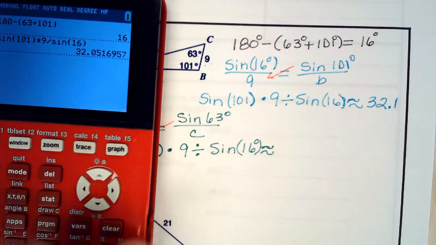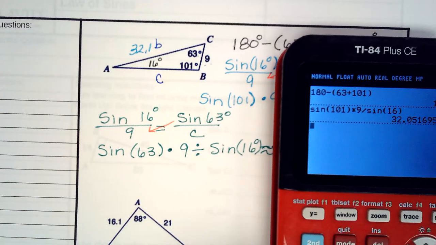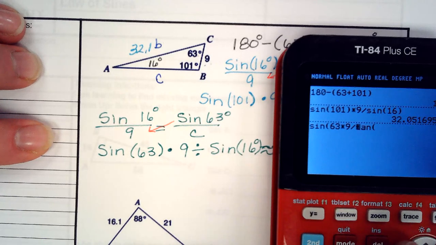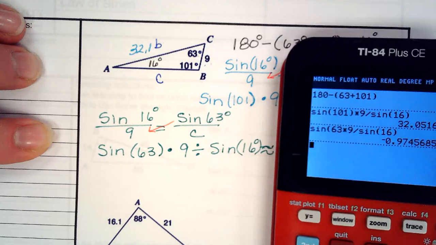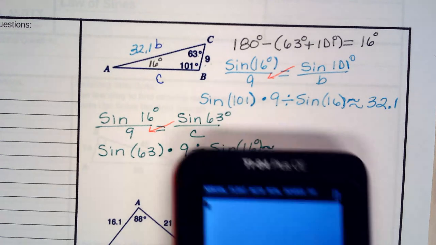Okay, so as I'm looking at this, sine of 63 times 9 divided by the sine of 16. Close it off. I didn't get my parenthesis in there and it gave me the wrong answer.